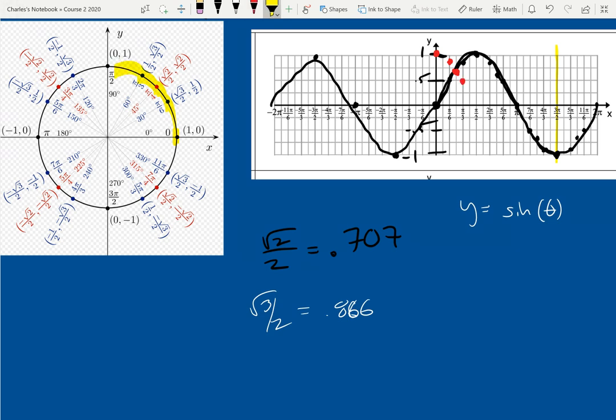Then I go to pi over 2, and at pi over 2, my x value is 0. Then I keep going, and I'm going to get to 2 pi over 3, and at 2 pi over 3, my x value is negative 1/2. Then my next plot is at 3 pi over 4, and at 3 pi over 4, my x value is negative 0.707.